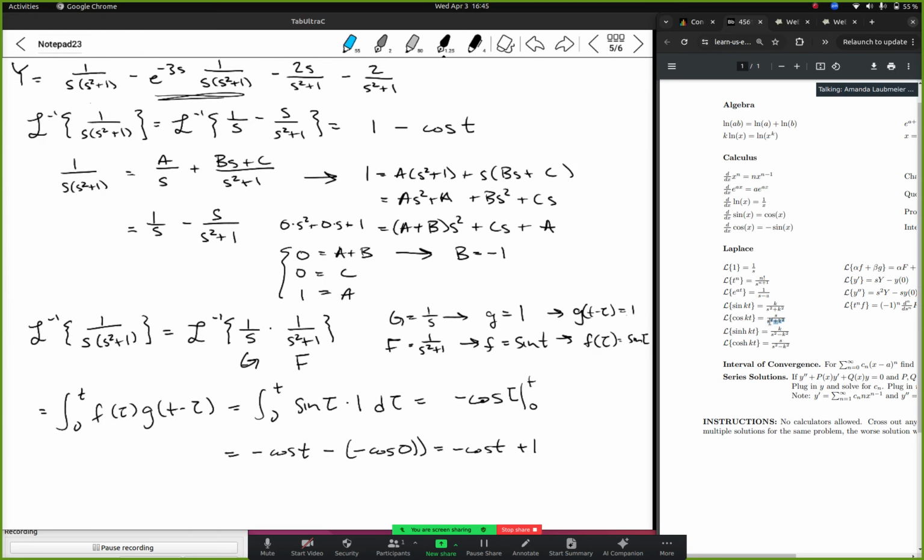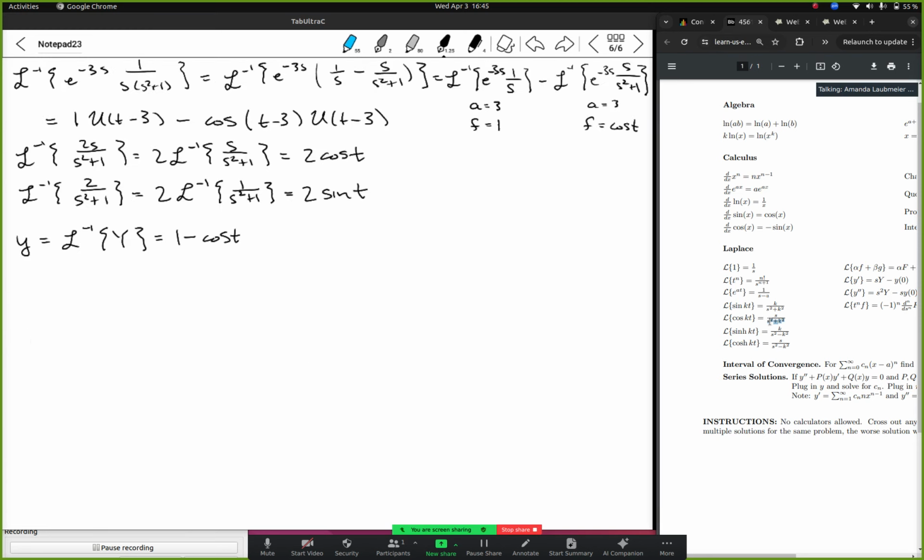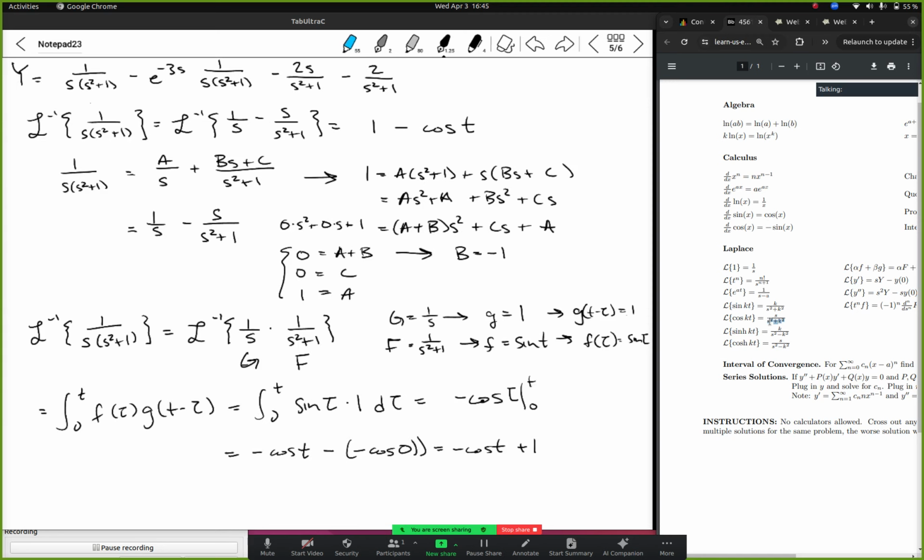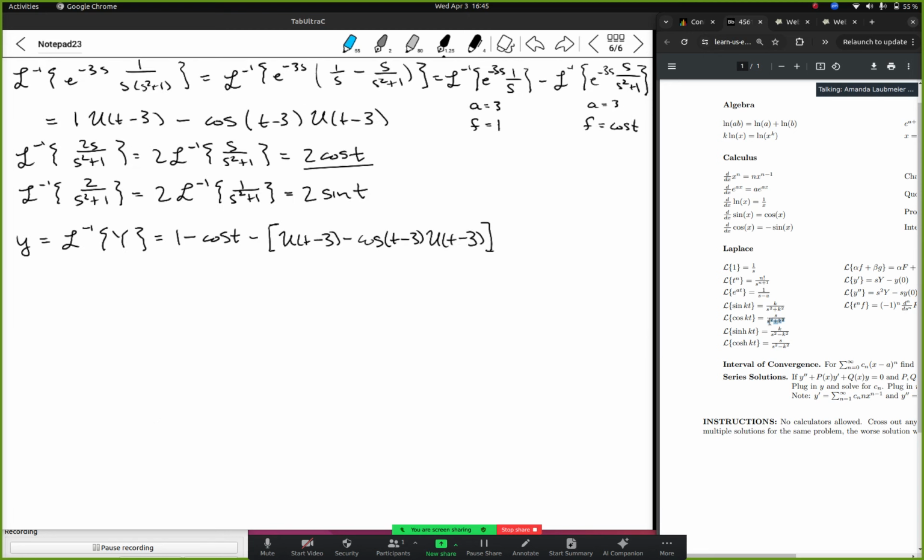Minus the second part, which we did right here and got that. Minus the third and fourth functions that we solved here and here.